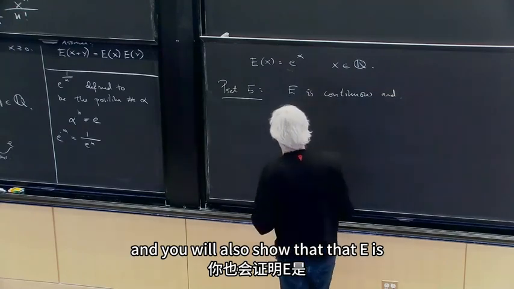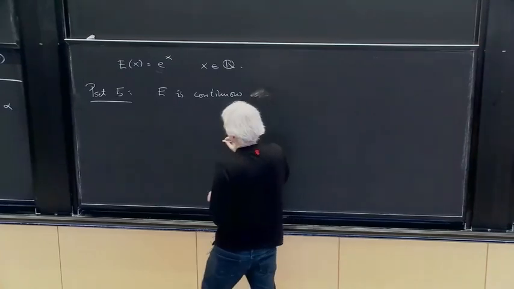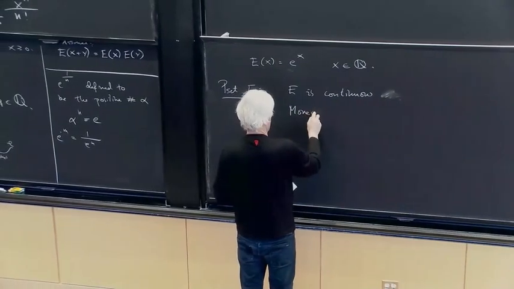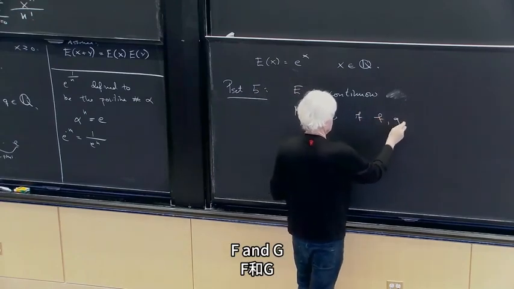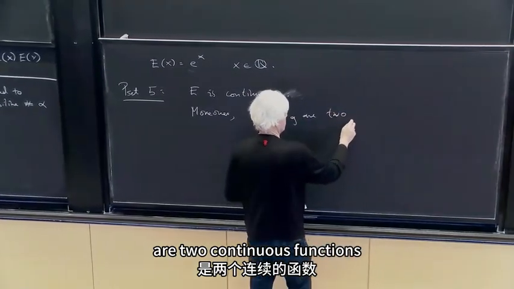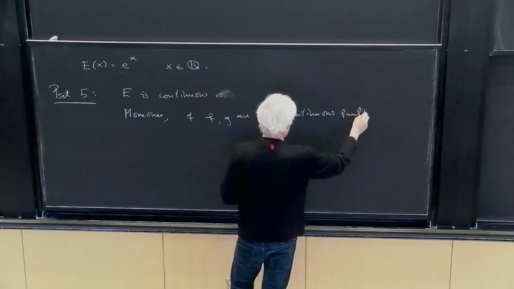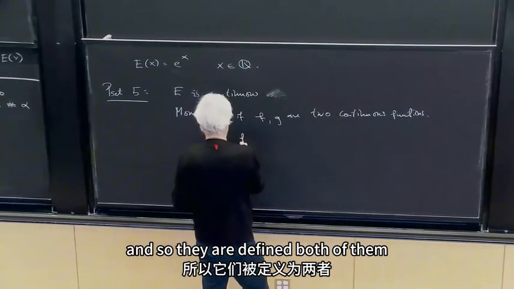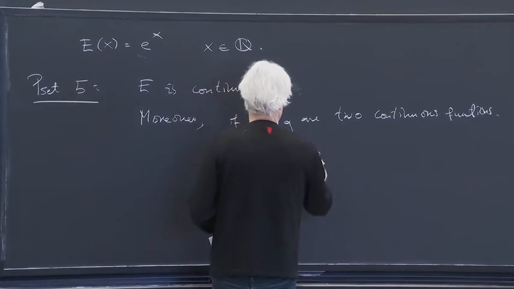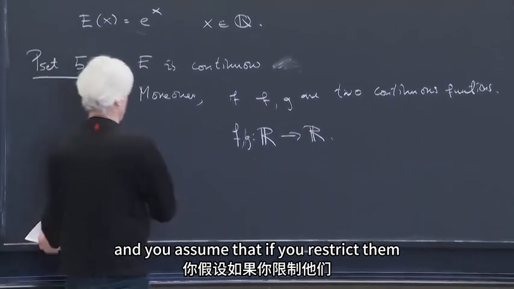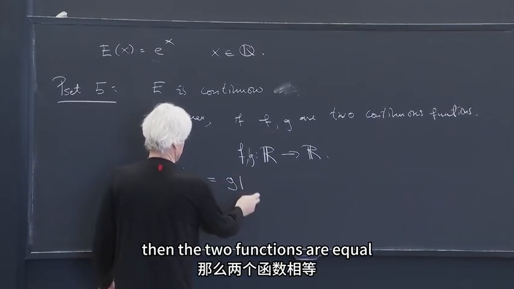And you will also show the following: that if F and G are two continuous functions, both defined on the real numbers, and you assume that if you restrict them to the rational numbers, then the two functions are equal.